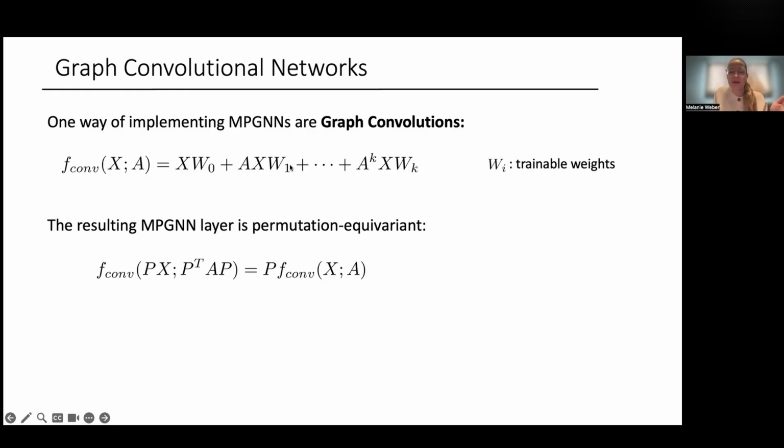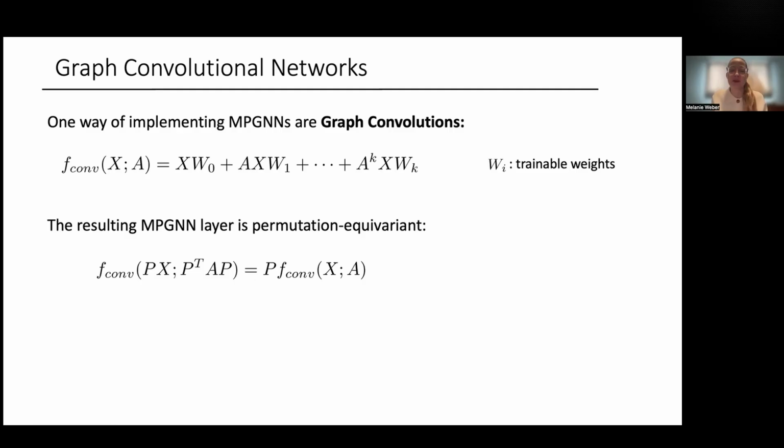This kind of layer, just to point out here, is permutation equivariant. So this means that it respects the fundamental symmetries of the graph domain. Right, in a graph, we don't have a natural order on the nodes. There's no easy way to say this is the first node, right?